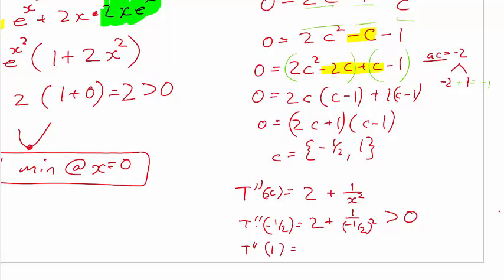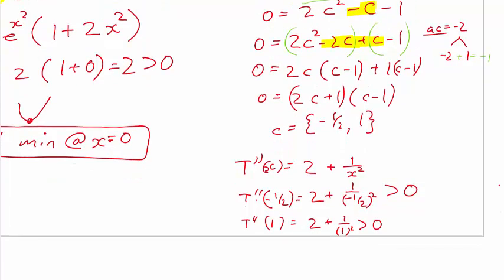And so t double prime at 1, that's the other one. We have 2 plus 1 over 1 squared. Well, that's also going to be greater than 0. So again, that's going to be concave up. Right? It's going to have this shape at negative 1/2, and it'll also have this shape at positive 1.